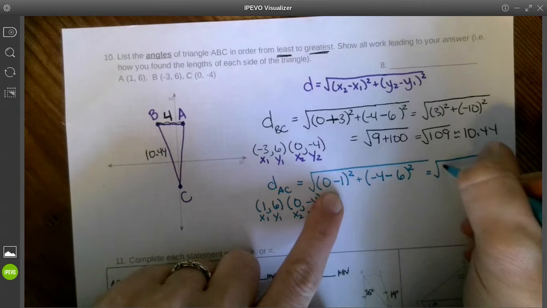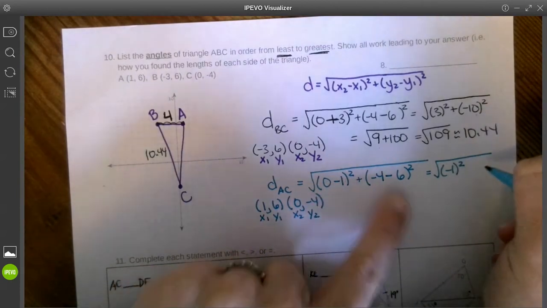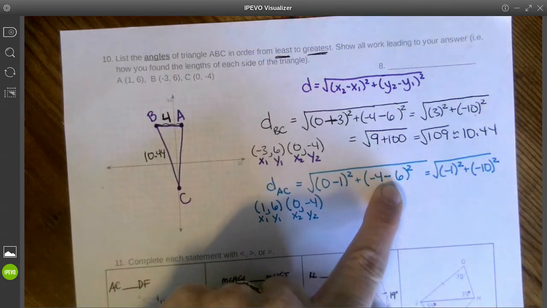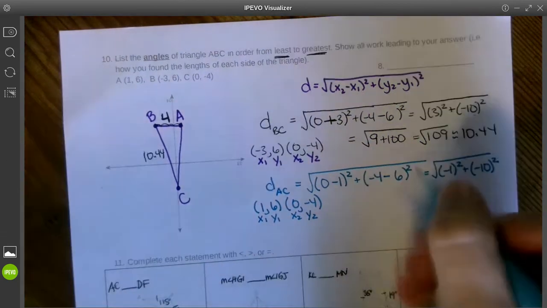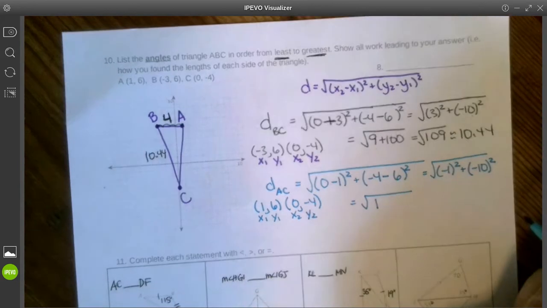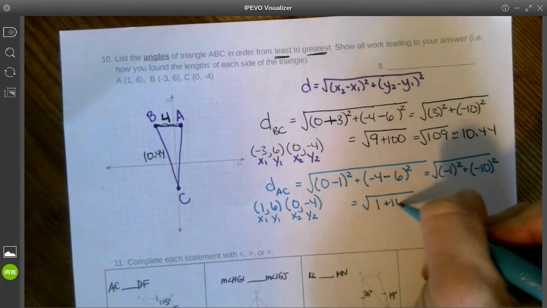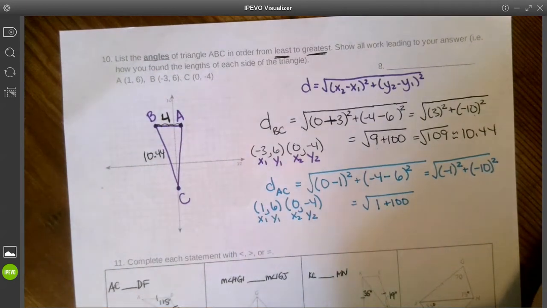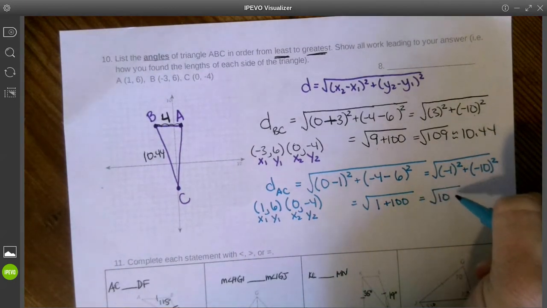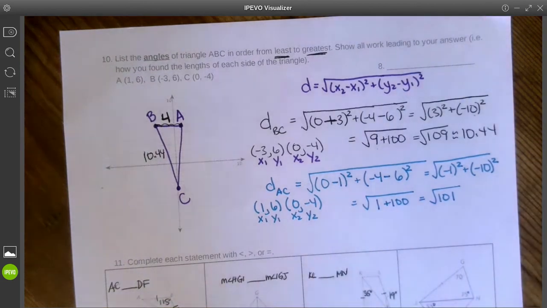0 minus 1 is negative 1. Negative 4 minus 6 is negative 10. Go ahead and square those numbers. Negative 1 squared is 1, and negative 10 squared is 100. I'm going to add those together to get the square root of 101.